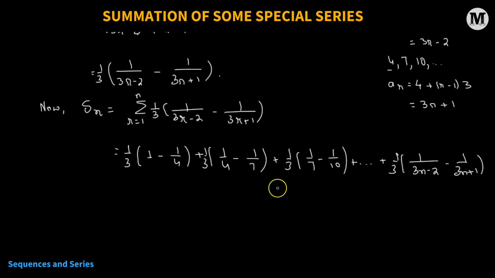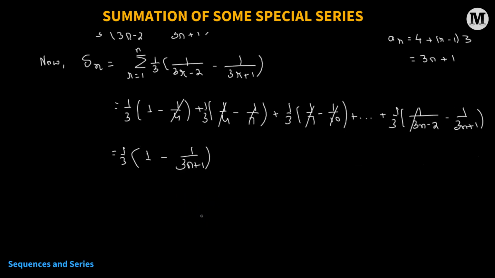Okay, now when we take the sum, we observe that the second term and the third term cancel out, the third term and the fourth term cancel out, the fifth and sixth terms cancel out, and the second last term cancels with the third last term. This leaves us with 1 over 3 multiplied by the first term, 1, minus the last term, 1 over 3n plus 1.